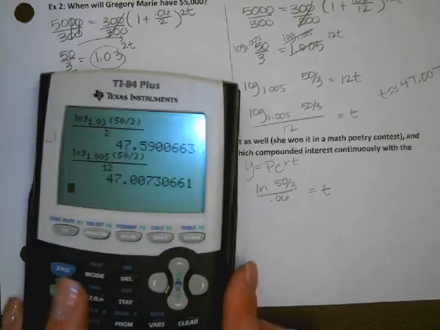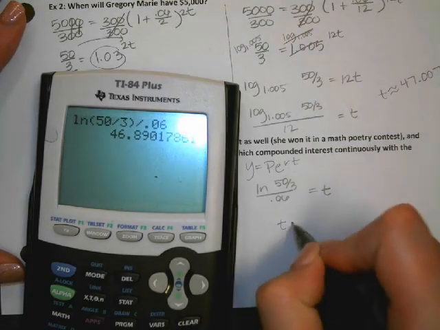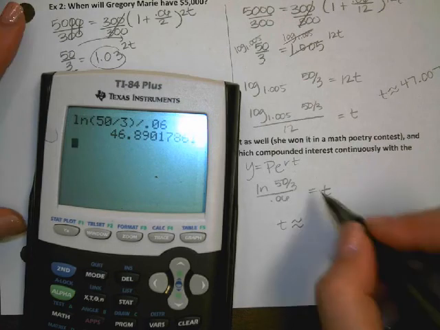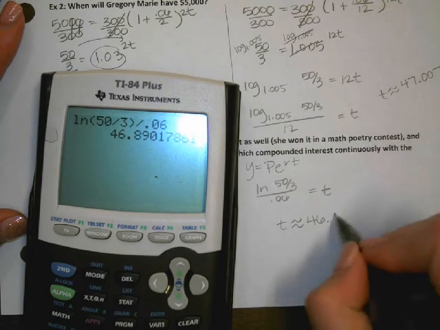All right. So ln of 50 thirds divided by 0.06. So if it's compounded continuously, she'll have $5,000 in less than 47 years, so she's a winner.